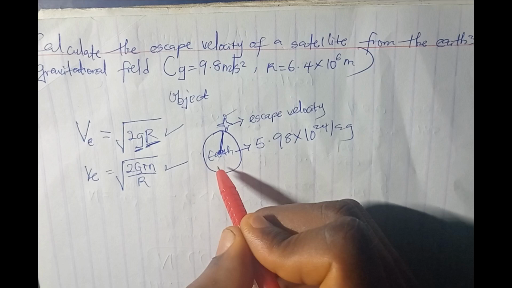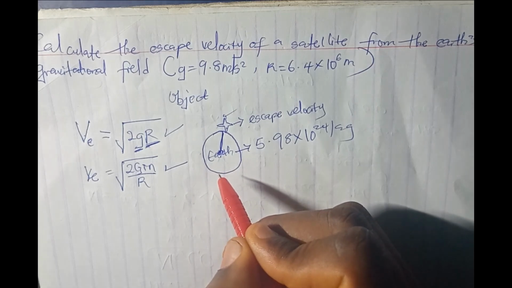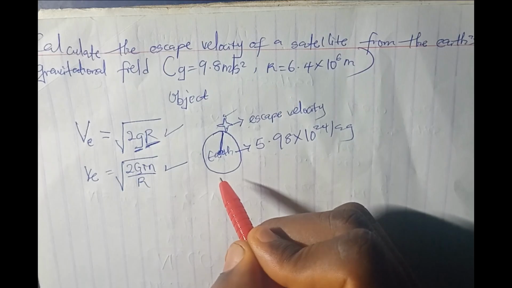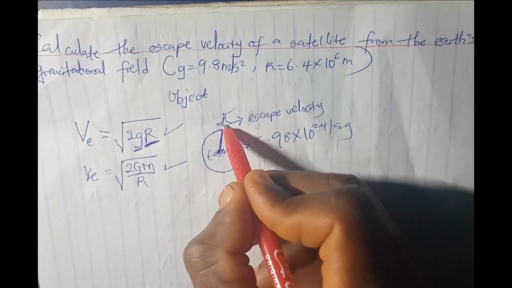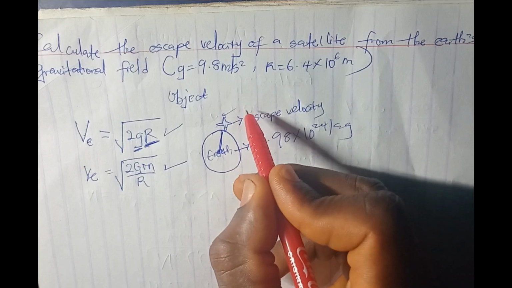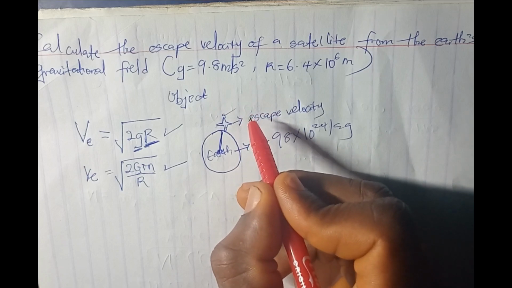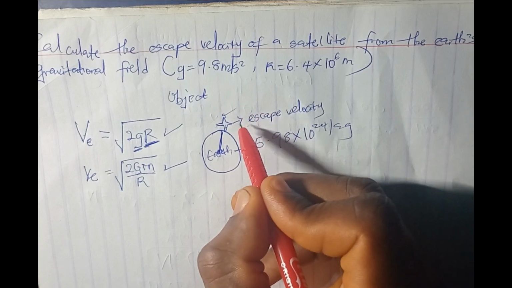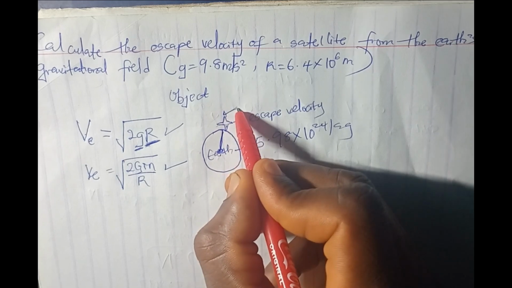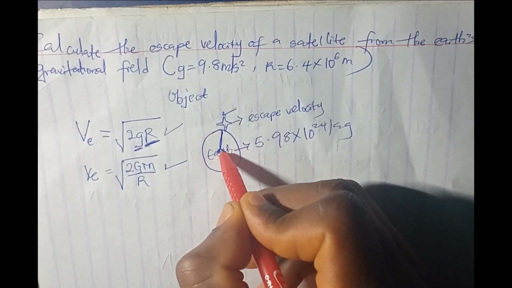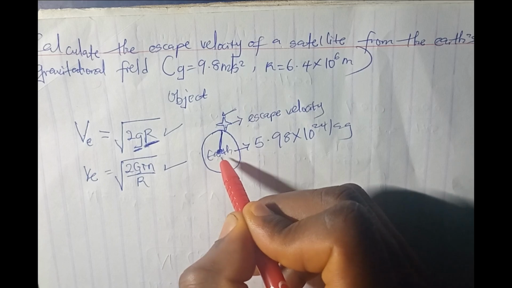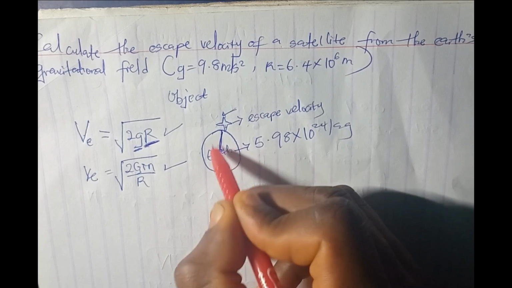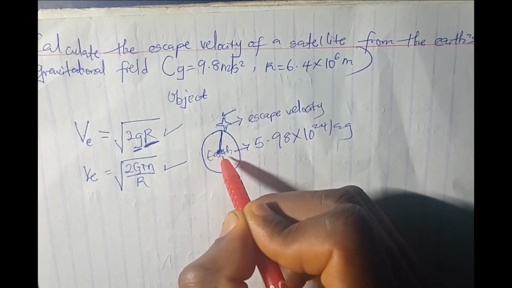If it is Jupiter, we consider the radius of Jupiter. If it is Saturn, we consider the radius of Saturn. It is not the radius of the object that is leaving the influence of a particular astronomical body. It is not the radius of the satellite, rather the radius of the one that we assume to attract, the one that has big mass. In this one, it should be Earth.